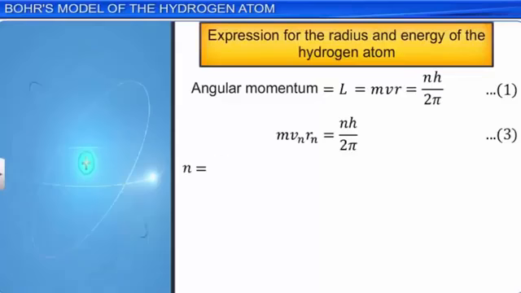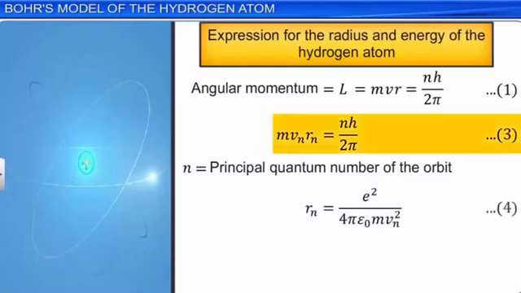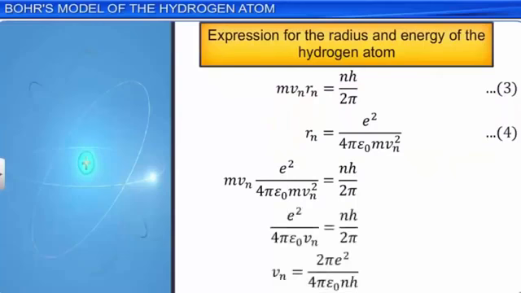We have learned that the relation between the radius r of the electron orbit and its corresponding velocity v is given by R_n is equal to e² by 4π ε₀ m v_n². Let this be equation 4. Substituting the value of R_n in equation 3 and simplifying, we have v_n is equal to e² by 2 ε₀ n h.